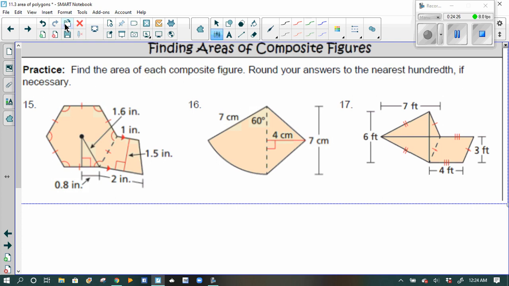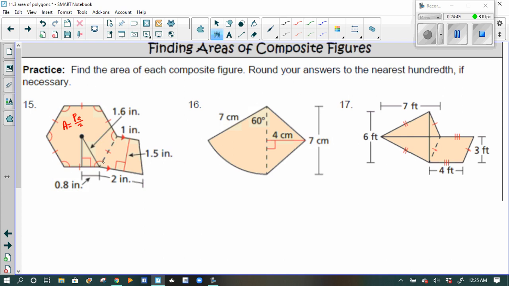It says find the area of each composite. So a composite is 2 or more figures. So if you look, we have a hexagon and a trapezoid. And there's a lot going on in this picture. But what I do know is that the area of this one is PA over 2.